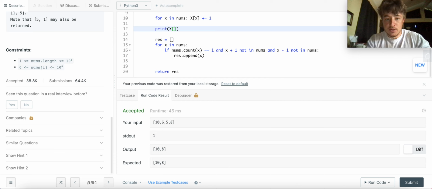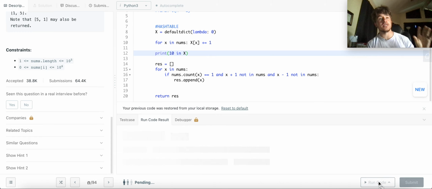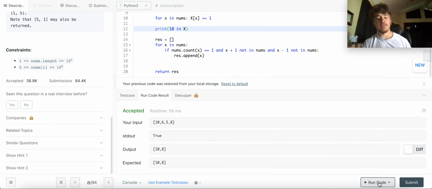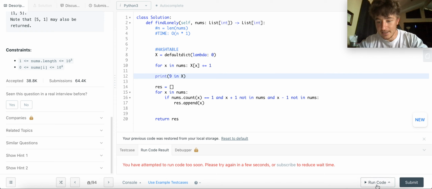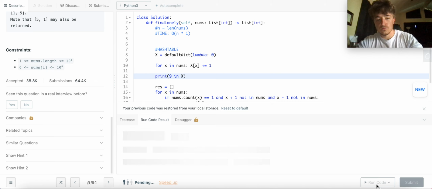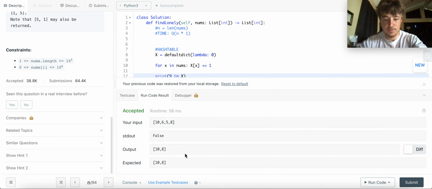And if I check whether 10 is in X, I should get true. And this is going to be in constant time because it has a constant way of finding if that value exists. What about a value that doesn't exist in here, like 9? Let's say, does 9 exist in here? False, right?